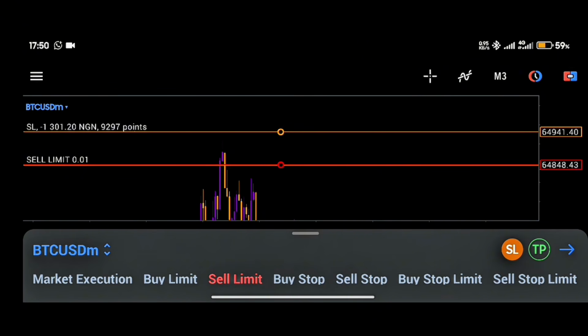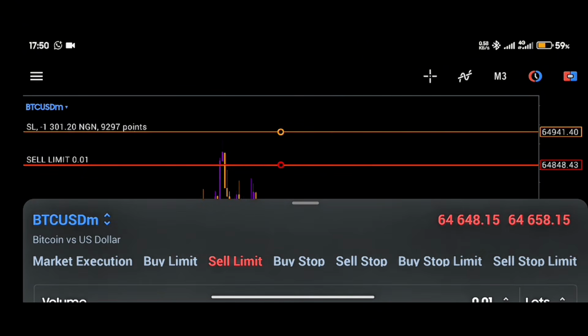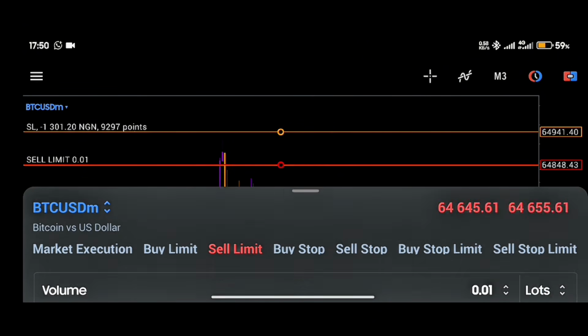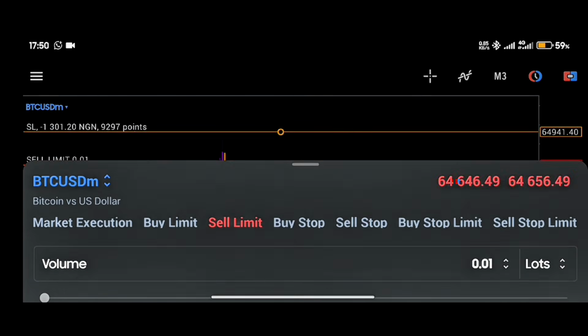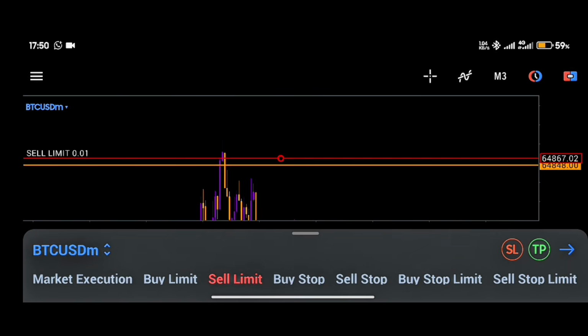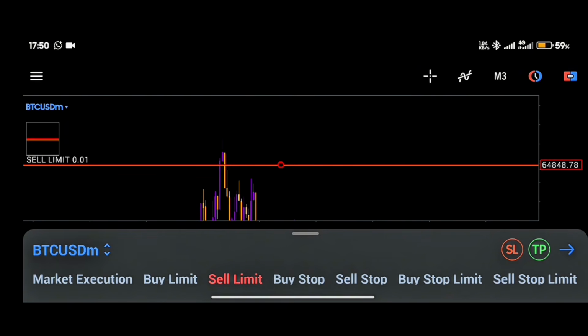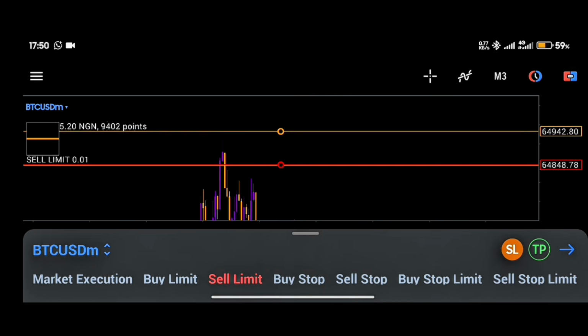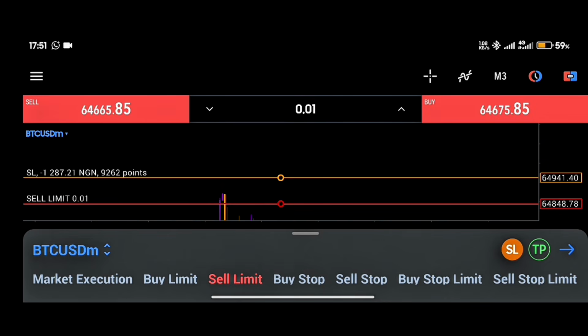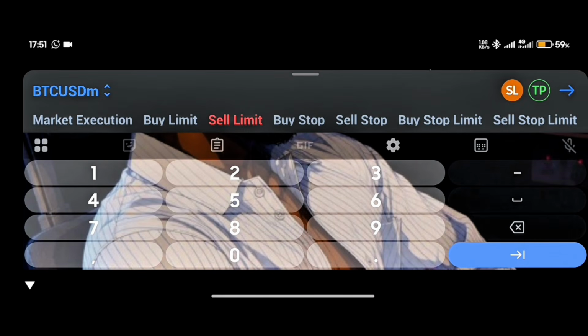So let's say totally my risk on this trade is supposed to be, let's say 100,000 naira. I'll now have to come and edit my lot size. I'm now going to edit my lot size to the particular lot size that will allow it to be, let's say 1.